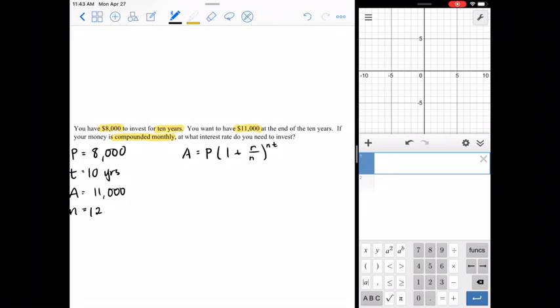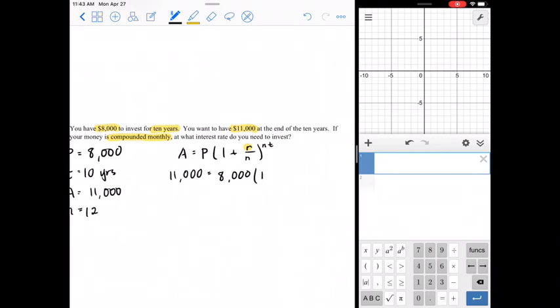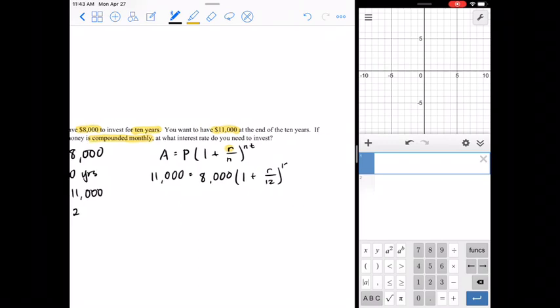So we are trying to solve for this variable, R. Let's put in everything we know. So 11,000 is equal to 8,000 times 1 plus, we don't know R, we know N to be 12. And it's over 10 years.